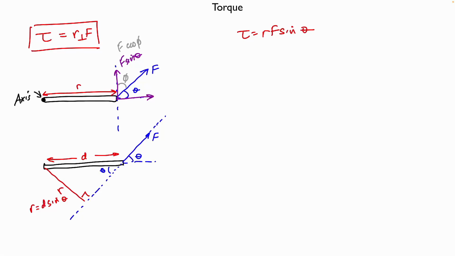But the reason I don't like that one is because you'll take it way too literally and assume you always have to use sine. But as I just demonstrated, whether you use sine or cosine depends on what? The angle that you are measuring or the angle that you are given, right?